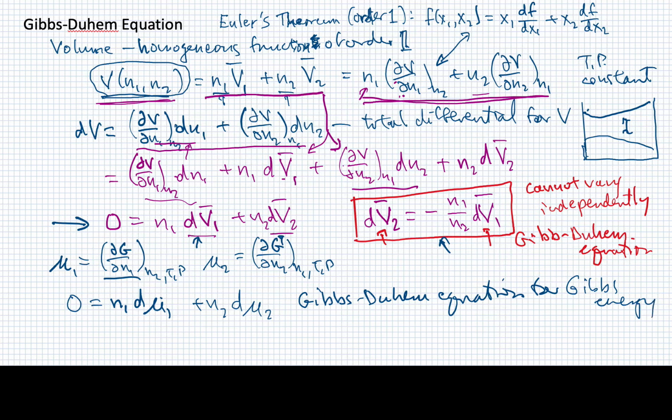All right, now we've got something that actually is very helpful to us when we consider chemical changes in chemical systems, because it's telling us that the chemical potentials for each of these things are not independent. When one changes, the other one changes in a corresponding manner, and it's based on this sort of relationship.